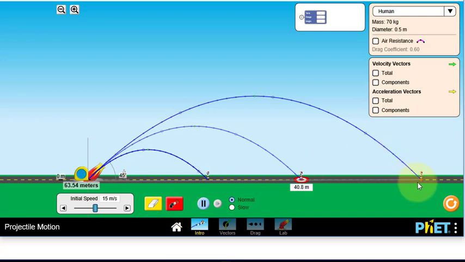So measuring that distance, about 22, so maybe roughly a difference of 18 actual meters less range, a difference of about 18 here, is the actual change in the horizontal range that results from a decrease of 5 meters per second.